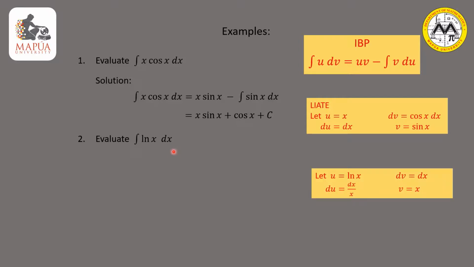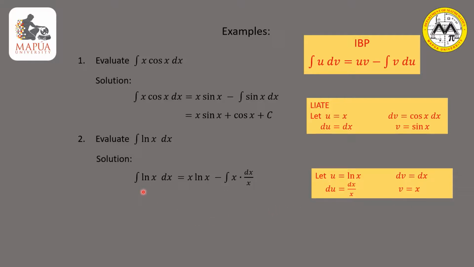So here, again, we have to choose u and dv expressions, and we don't have any other choice here except to assign as u ln of x and the differential dx as your dv. So with that, du will be dx divided by x and v will just be equal to x.